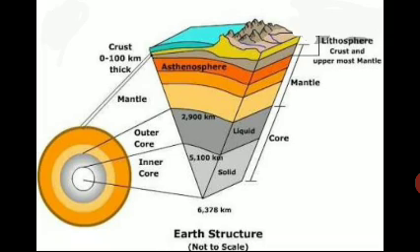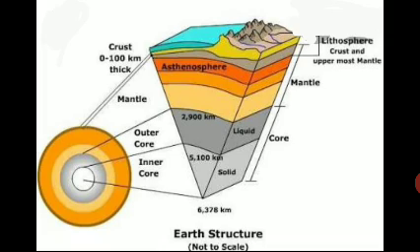It means the total thickness of the earth is 6378 km. The radius of the earth is 6378 km.